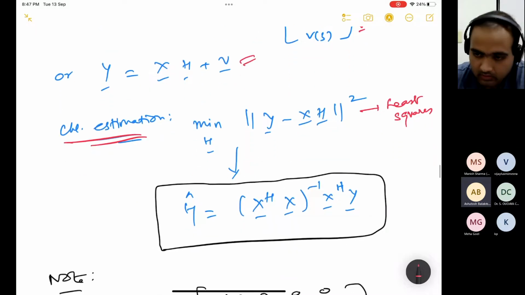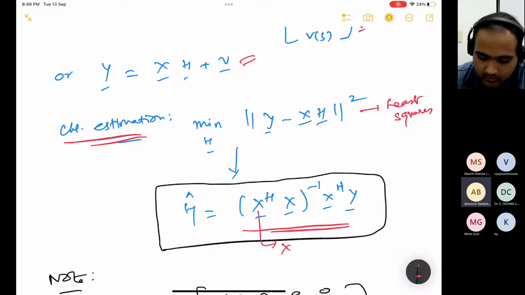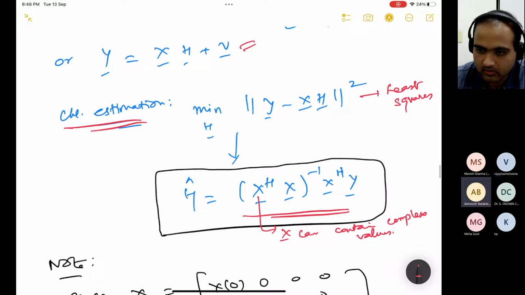And how will you solve this? This is again the pseudo inverse technique: x Hermitian x inverse x Hermitian y. And why have we taken Hermitian? Because x can contain complex values, right? So why will x contain complex values?